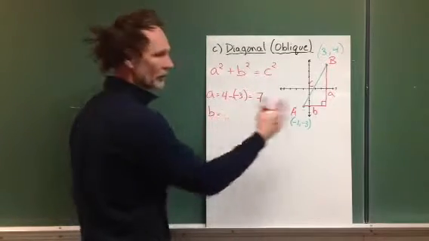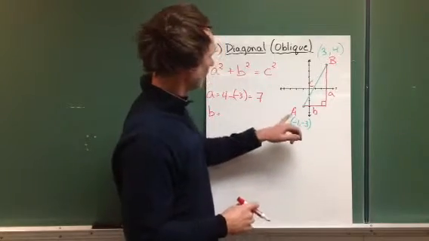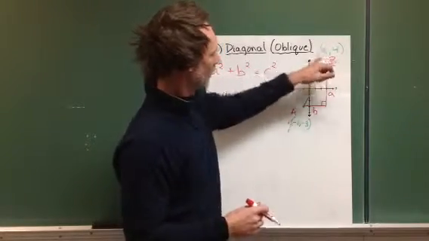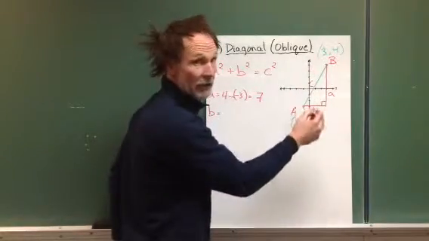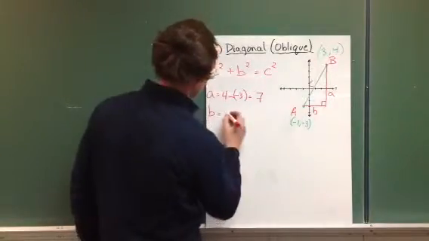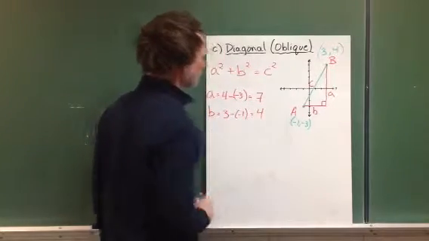B is the horizontal distance, and we know we can find it by subtracting the x coordinates. So we have 3, I'll do the larger minus the smaller and end up with a positive that way. 3 minus -1 equals 4.